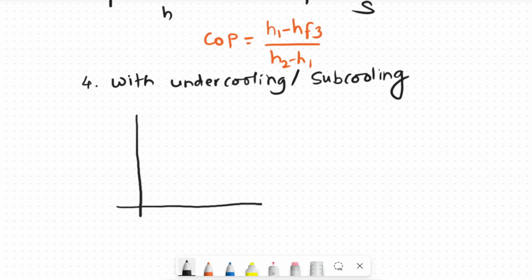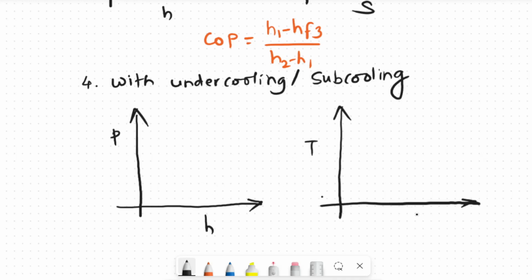Now let us see how it takes place. This is a very important process in the refrigeration cycle, on pH and TS. For this, we are assuming that the refrigerant entering the compressor is in the dry saturated state. So point one is over here.